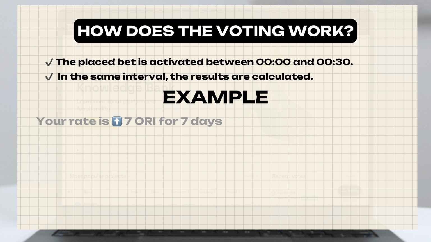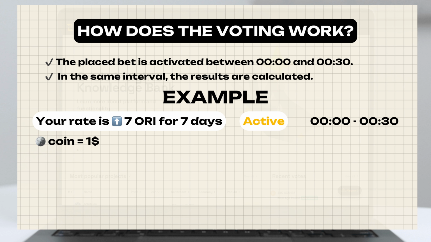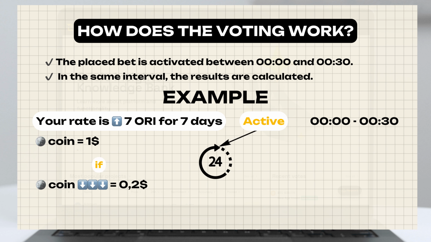For example, you made a bet on the growth of the coin, 7 ORI for 7 days, according to the table, when it costs $1 at the time of making the decision. At midnight, the bet is activated. A day later, at midnight, the calculation begins. If the value of the coin is below $1, you will not be charged anything, but your reputation will decrease.